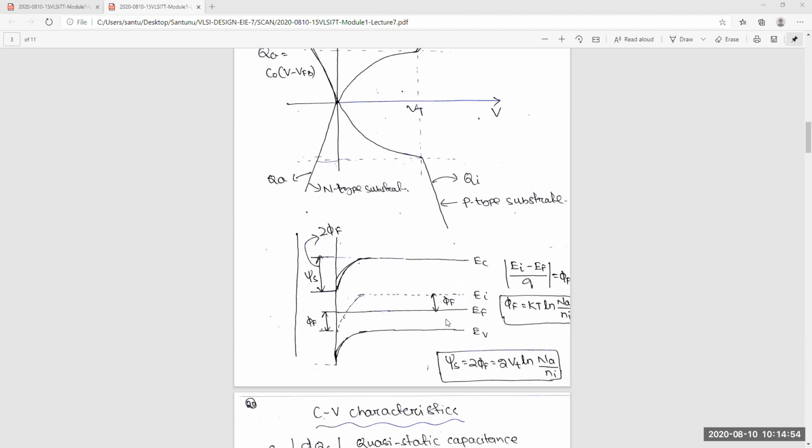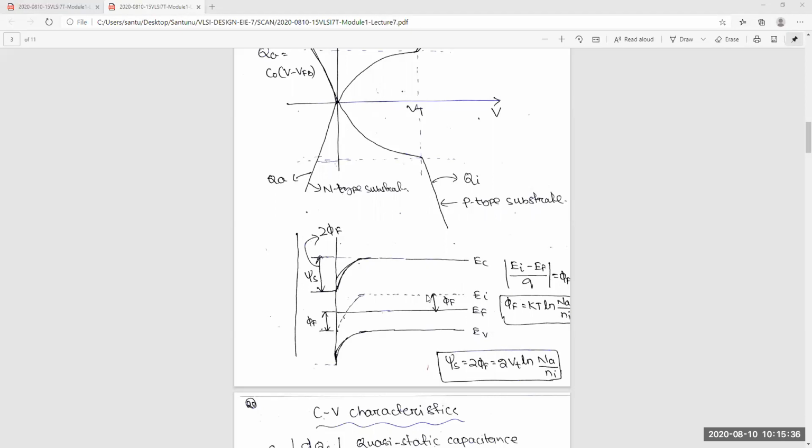Generally this part is called phi f, and if you calculate the value, it is kT ln(Ei by Ef), actually, which is V_T ln(Ni by Na). So the voltage will be V_T ln(Na by Ni).